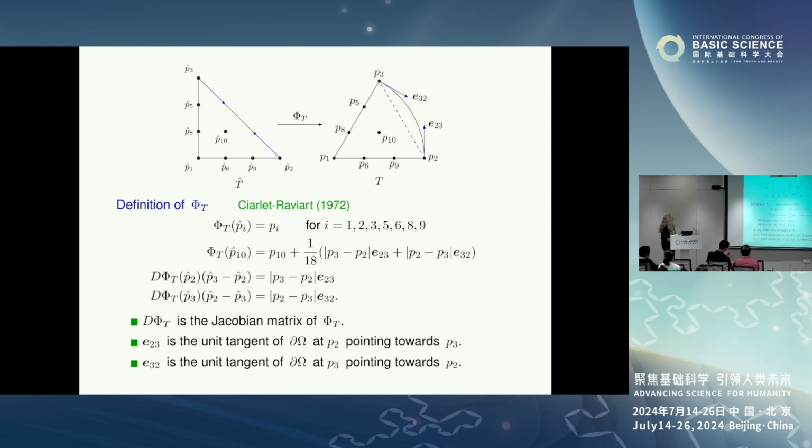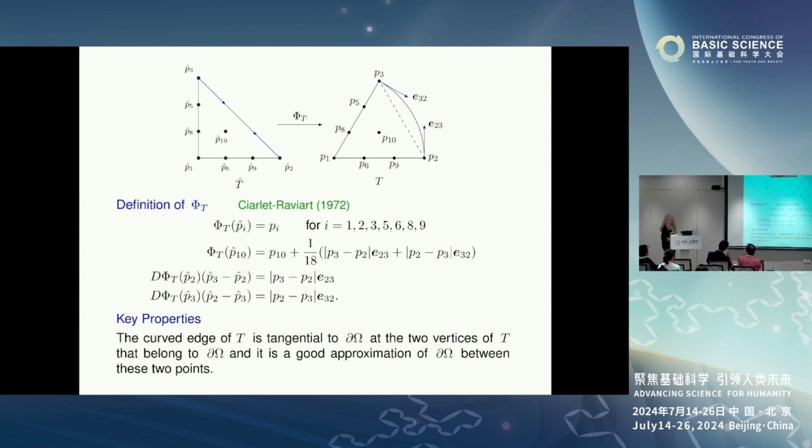Similarly, P2 hat is mapped to P2, and this vector is mapped to a vector tangential to the boundary of omega. So these are the key properties of the map phi T. The curved edge of our triangle T is tangential to the boundary of omega at the two vertices of the triangle that belong to the boundary, and it's a good approximation of the boundary of our domain between these 2 points.